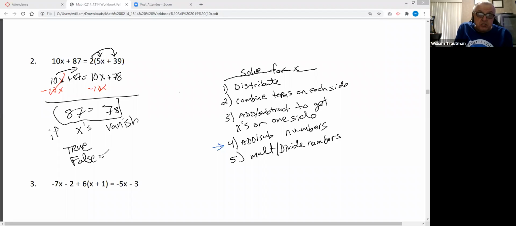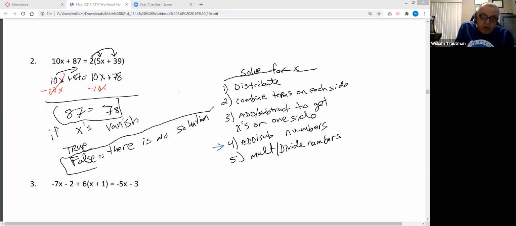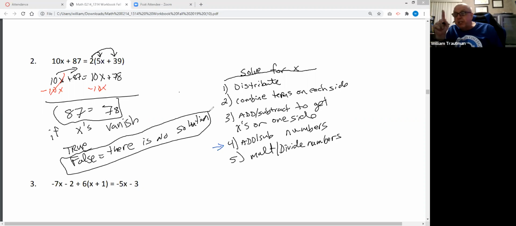So that's false. False means there is no solution. There is no solution. So in this problem and the homework, there's a little button that says no solution, I believe.